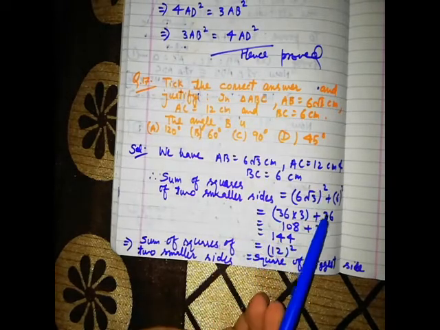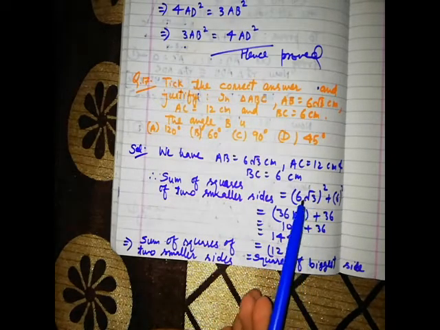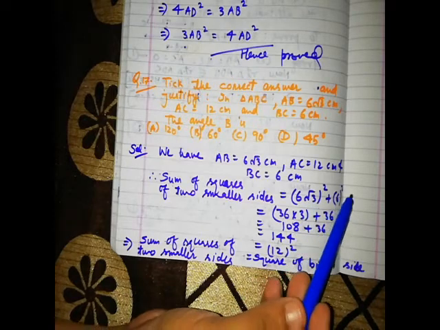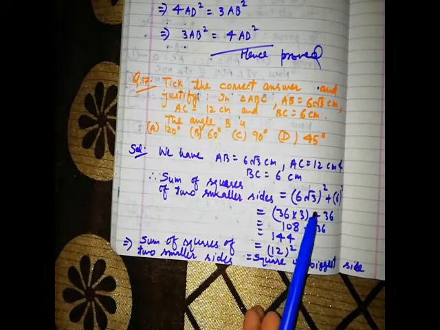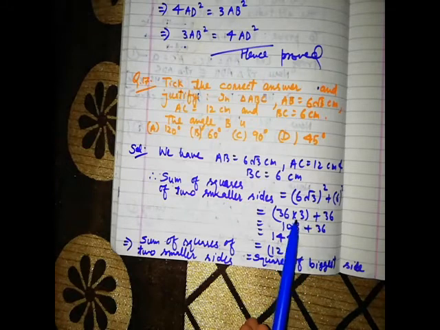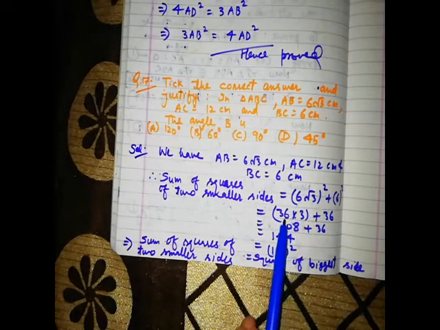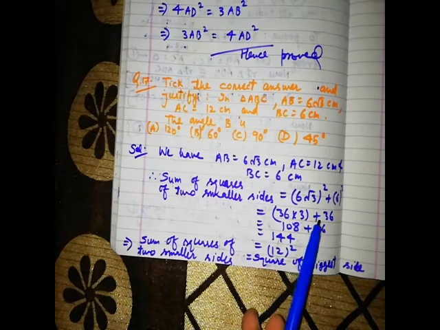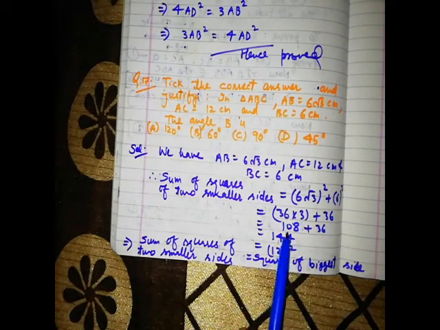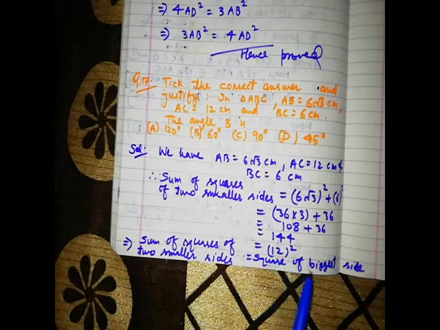So sum of squares of smaller sides will be 6 root 3 square plus square of 6, and square of 6 root 3 is 36 into 3, because square of 6 is 36 and square of root 3 is 3, plus square of 6 is 36, and 36 into 3 is 108, plus 36 will give us 144, and 144 is square of 12, and this 12 is the biggest side.